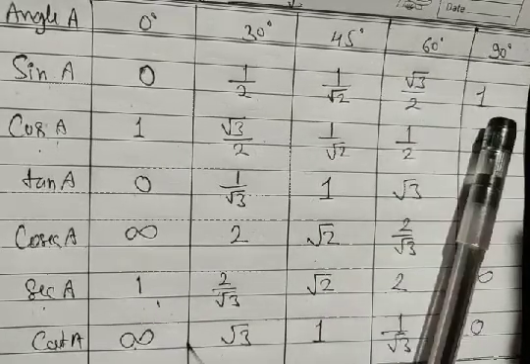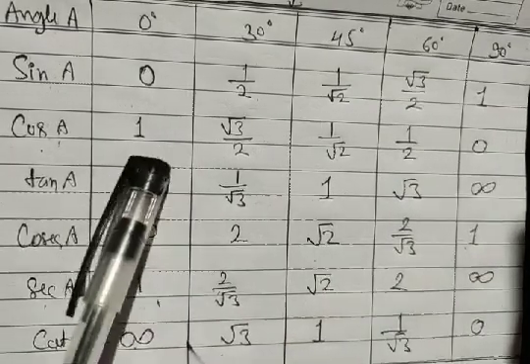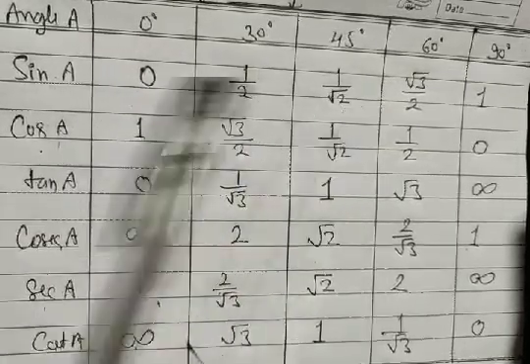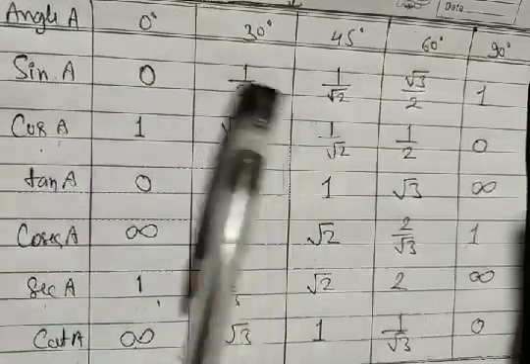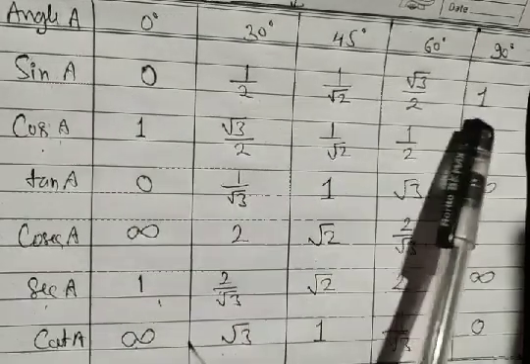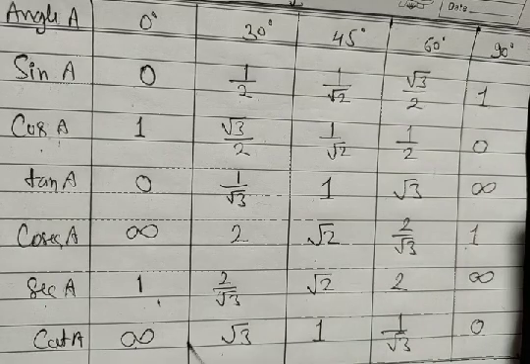What we observe here is that whenever our angle A increases, the value of sine increases, from 0 to 1. We observe in the table that as A increases from 0 to 90 degrees, sine A increases from 0 to 1.